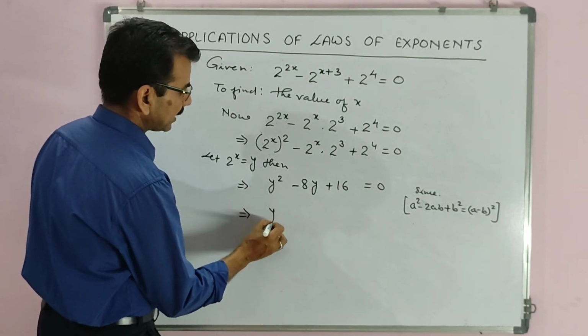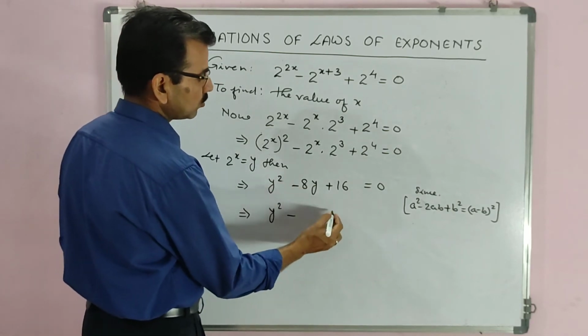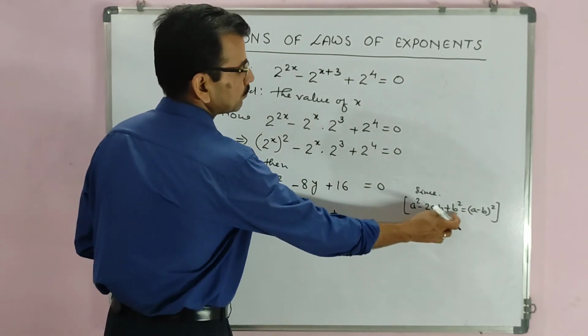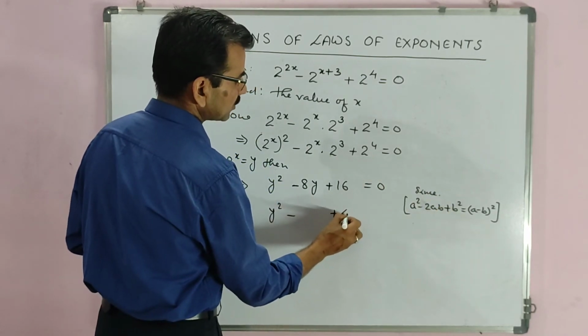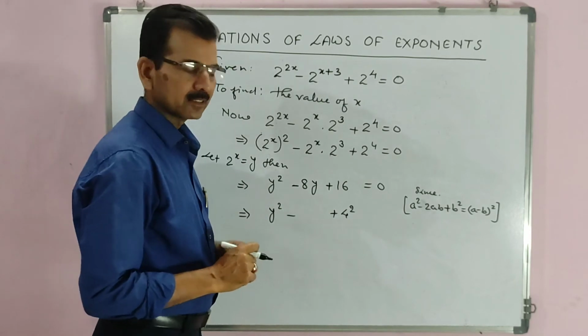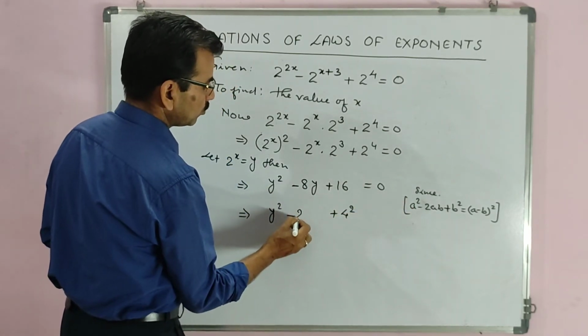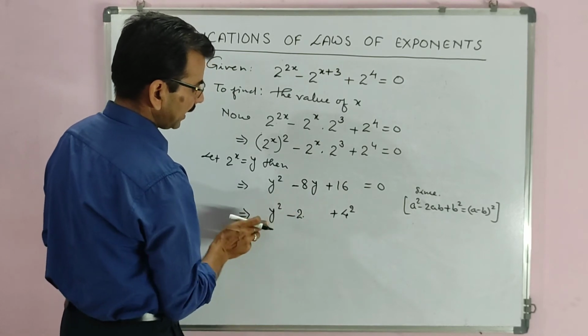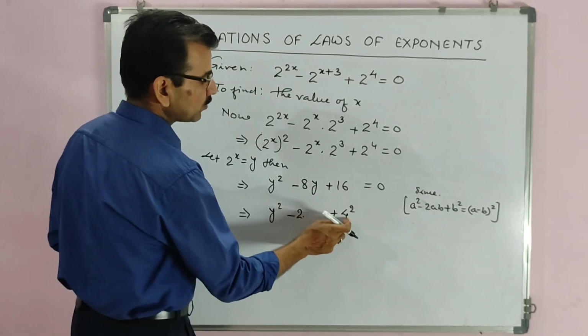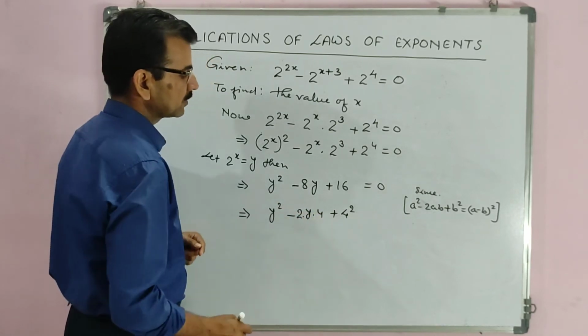Right now, a square is y square only, minus 2ab, and for b square, if you don't get it here, don't worry, write 4 square. A and b are both decided, so we can write 2ab as 2 into y into 4.